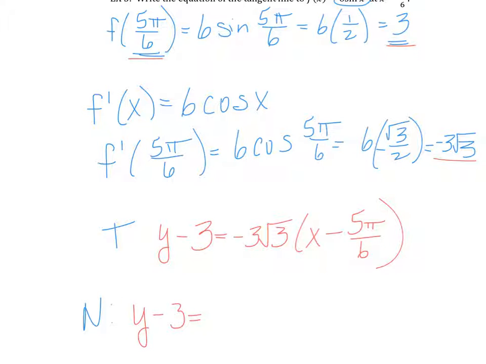When you take the opposite reciprocal of this, it's going to be positive, but 1 over 3 square roots of 3. I know last year in pre-cal it was a big deal for you to rationalize. Like they never let you leave a cube root or a square root or whatever on the bottom. Calculus doesn't care. Okay, they don't care. So just leave it that way.